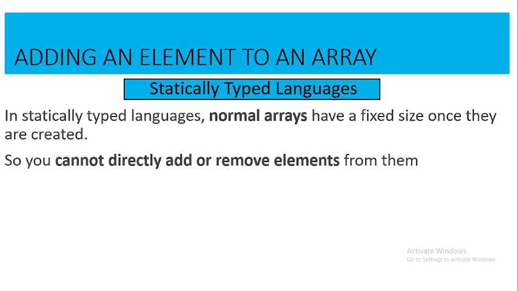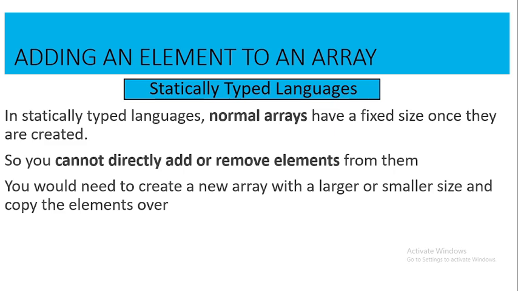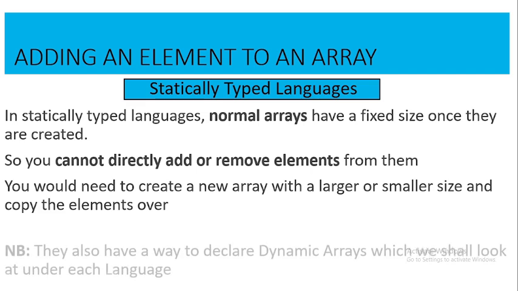When you want to add or remove elements from normal arrays in statically typed languages, the operation works differently. When you want to add elements in statically typed languages, you create a new array, then copy the members of the old array into the new array, and then add the new element to it.